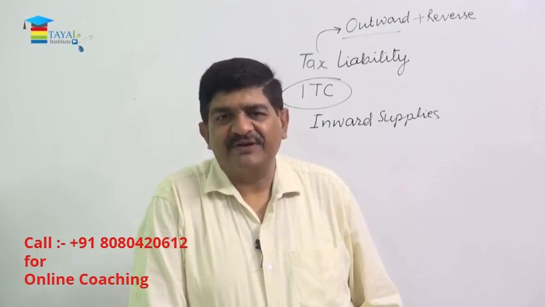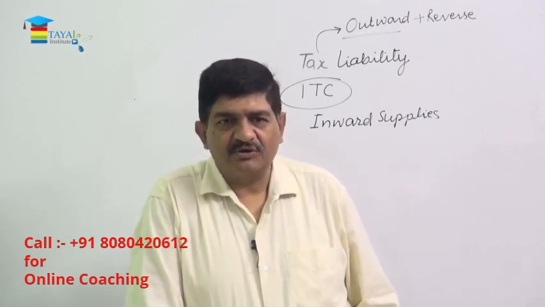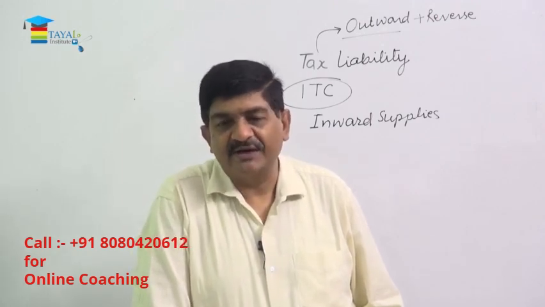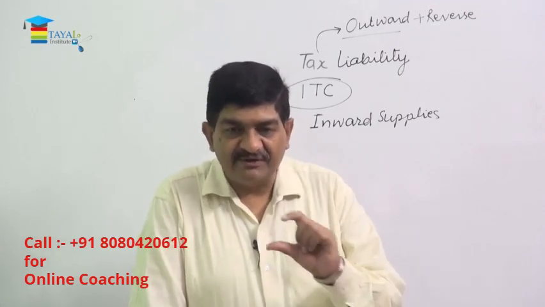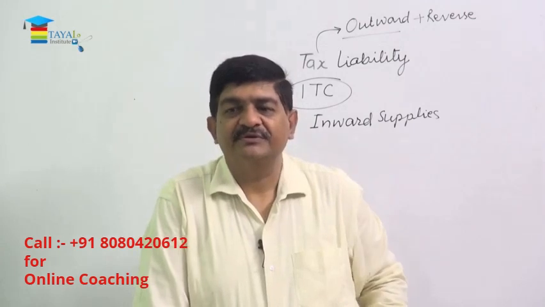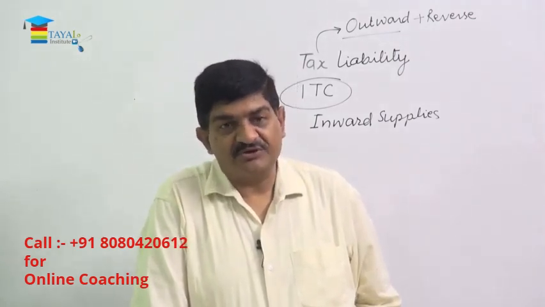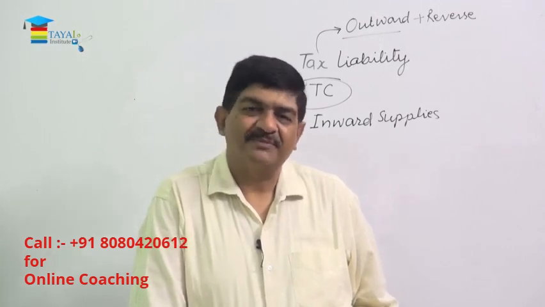For cross verification, that what you have shown as an input tax credit and what you have shown as an output tax liability, there is a matching and the difference is in your stock. If it is not in your stock, the presumption is these are deemed to have been supplied.